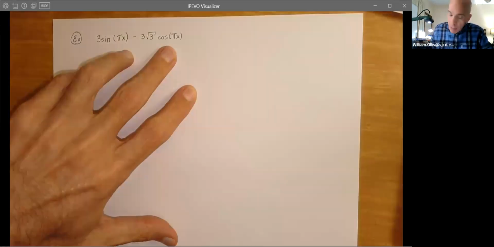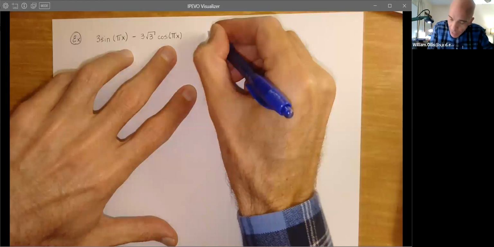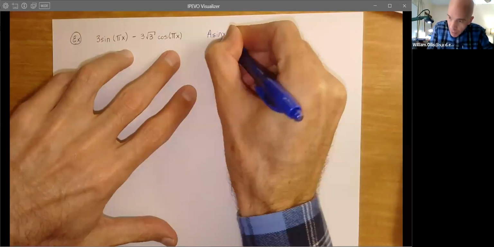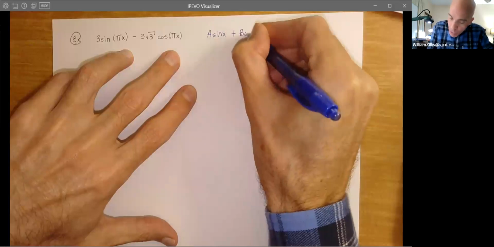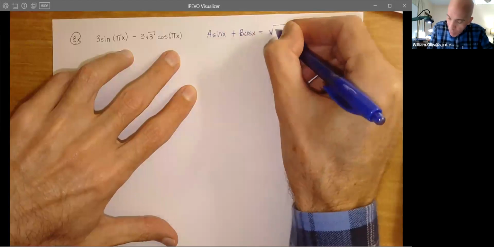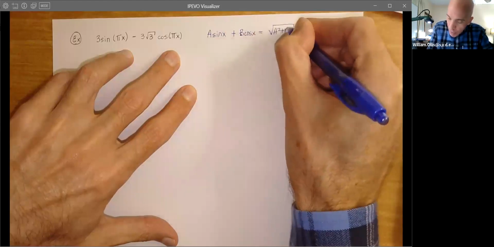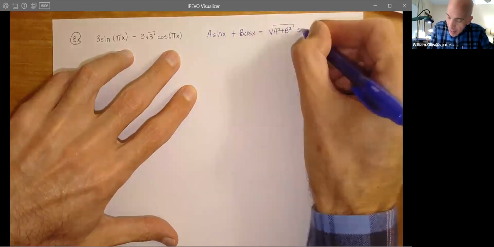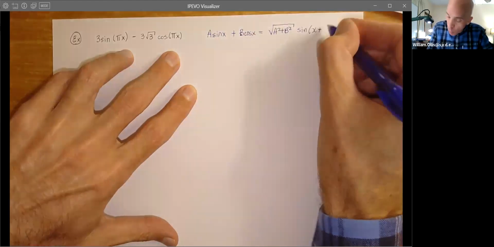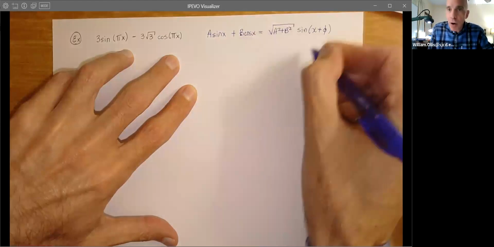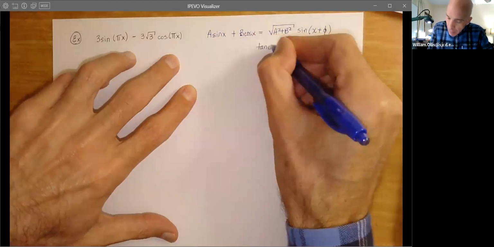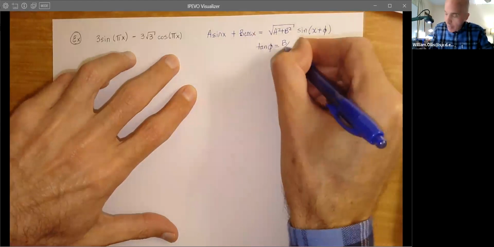Our lemma looks like this: a sine x plus b cosine x equals the square root of a squared plus b squared, times the sine with the addition formula, that is the sum in the argument. And then of course the tangent of phi is determined by b over a.